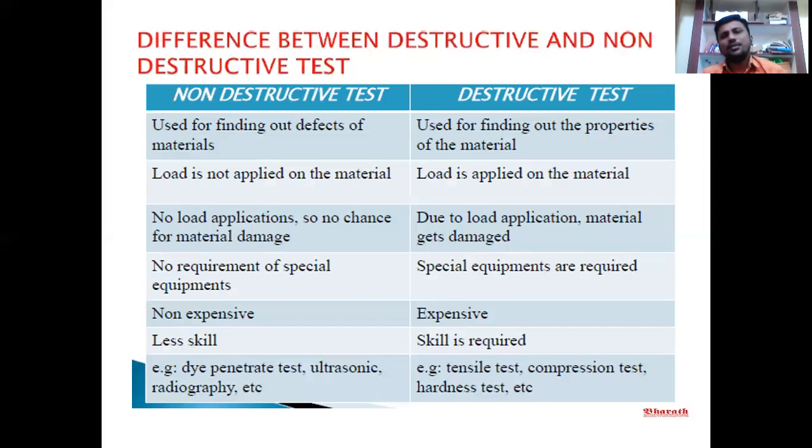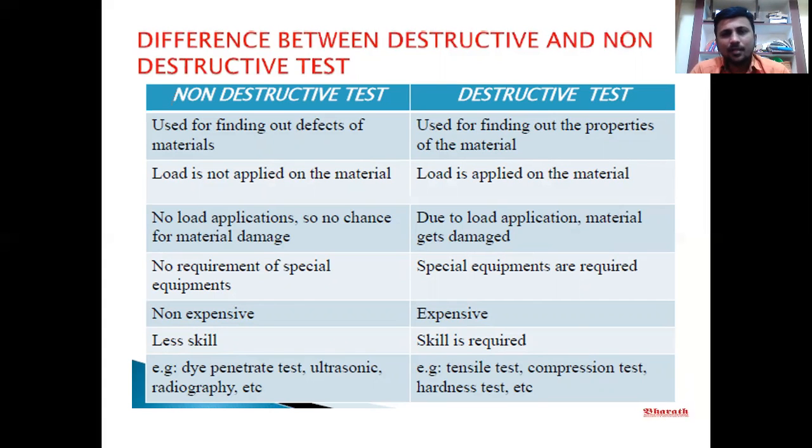Initially, in the first slides, we saw and learned about the destructive type, and after that we learned about NDT, the non-destructive type. So now we are going to see the difference between DT and NDT. NDT is used for finding out defects of the material.